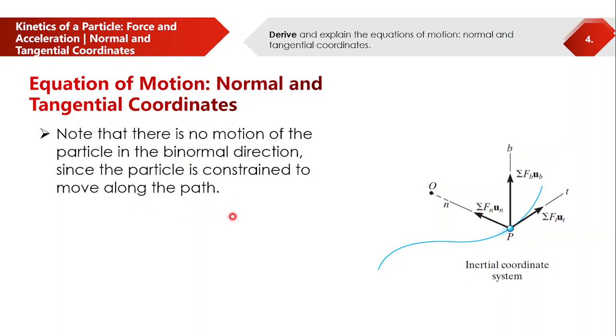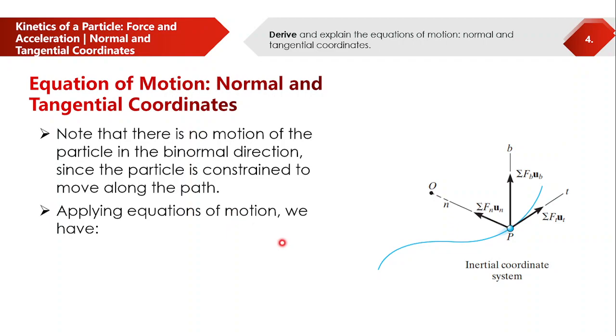Okay? Along the path. So, there is no binormal. But if it were not constrained to its path, or there is a tendency for it to move not with respect to your curved path, or any path, then of course it would have a binormal direction.